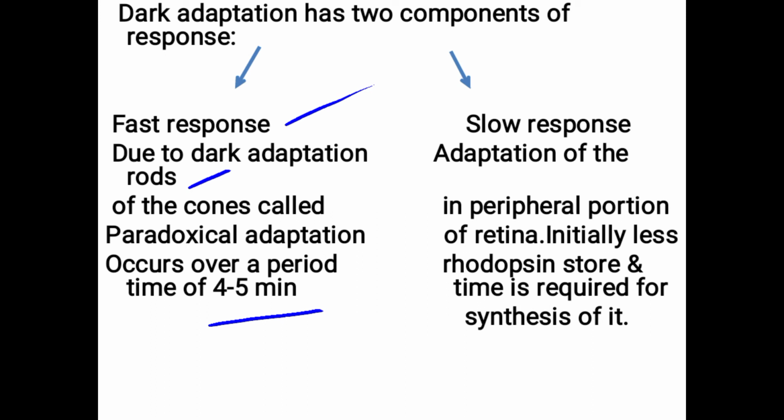This rhodopsin will break down and be synthesized. Synthesis and breakdown of rhodopsin takes place during dark adaptation. It will reach a maximum of about 40 minutes to see properly. Initially within 4 to 5 minutes you can see the object.